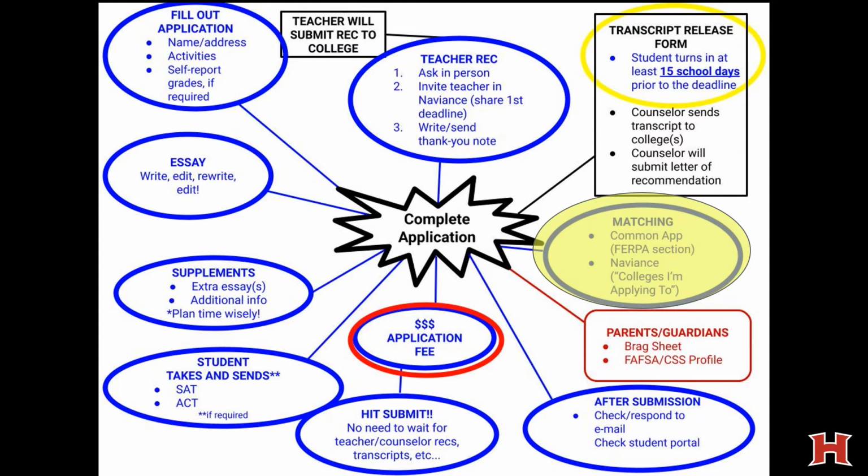The school itself is responsible for submitting school-related documents, so that can be transcripts and letters of recommendation. So there has to be a mechanism in place if the documents were to be submitted at different points for everything to connect in cyberspace and be added to a student's file and delivered to the reader at a particular school by the deadline. That's where the Common App matching process comes into place.